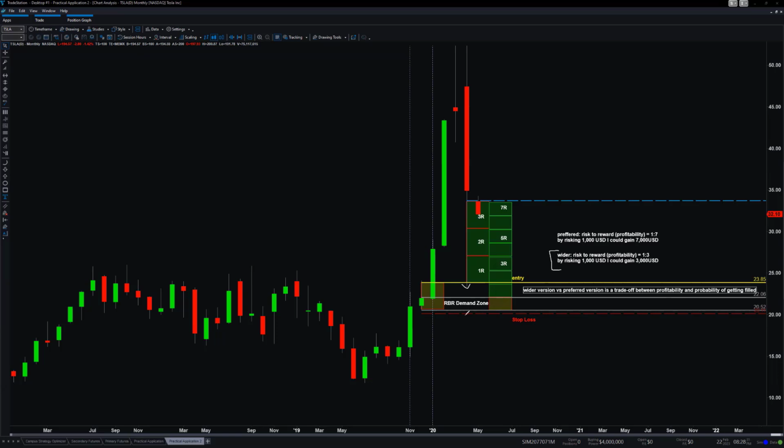And so right now, it may be random to you in terms of, okay, when do I put the preferred? When do I put the wider? We can put some very objective rules around when to use which one. But in short, it will all be about: do we have enough profitability? And do we have a good probability of also getting filled? How aggressive versus how conservative do you want to act in this market?